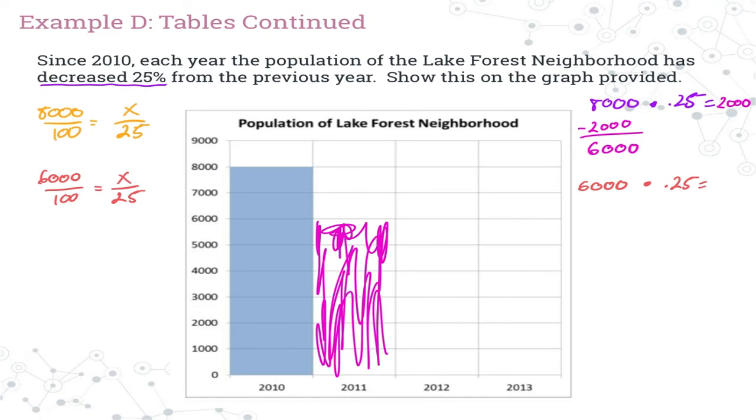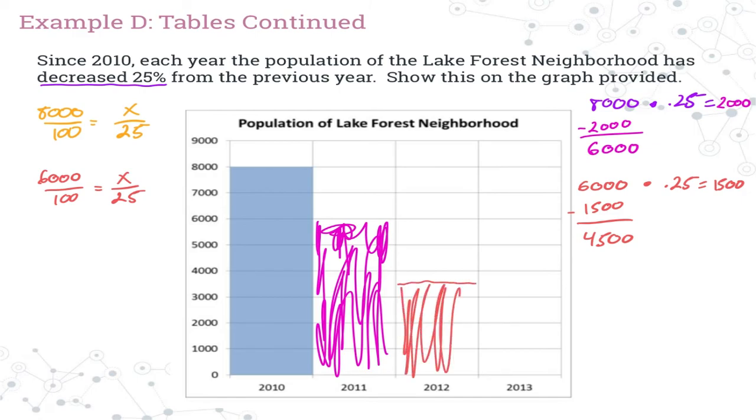I'm going to do the multiplication by decimal again, so 6,000 times 0.25 is going to give me 1,500. So again, that's not 1,500. That means I need to do subtraction. 6,000 minus 1,500 is going to give me 4,500 people. So again, I'm going to fill in my graph for the next year, about halfway on the 4,000, all the way up. So then the last year of my graph, I need to make sure that I have my 4,500.